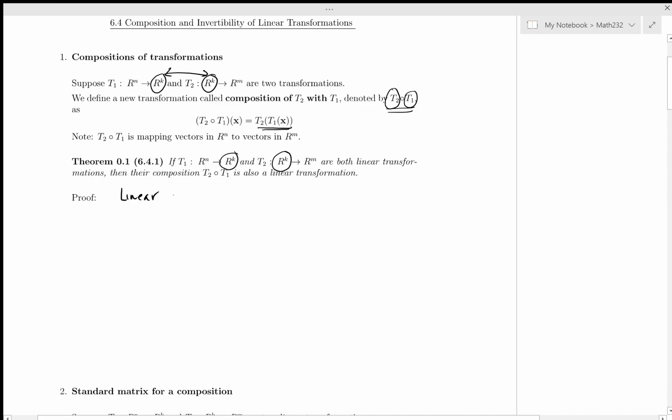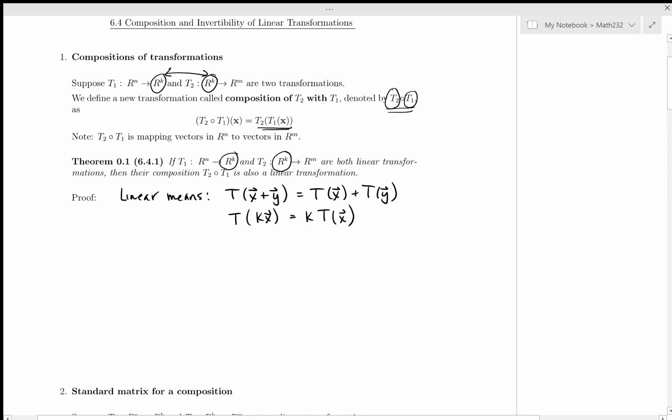Linear means, by the definition of linear, T of x plus y equals T of x plus T of y. And also T of kx equals k T of x.